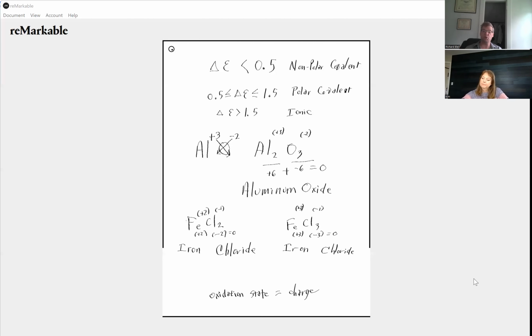Okay. Here's how we do this. With the exception of those families and aluminum, where I told you what the charge is always going to be, we always have to include the oxidation state of the cation. We always have to include the charge of the cation. We do that using Roman numerals in parentheses.